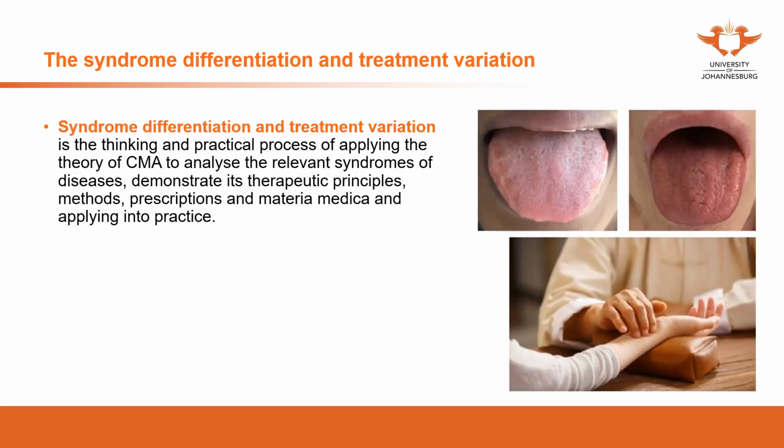What does it mean here? Syndrome differentiation and treatment variation is the thinking and practical process of applying the theories to analyze the relevant symptoms of diseases, demonstrate the therapeutic principles, methods, prescriptions, and apply them into practice.